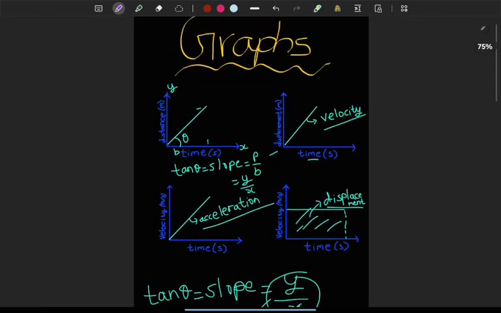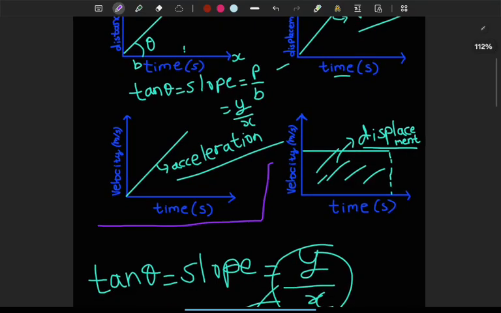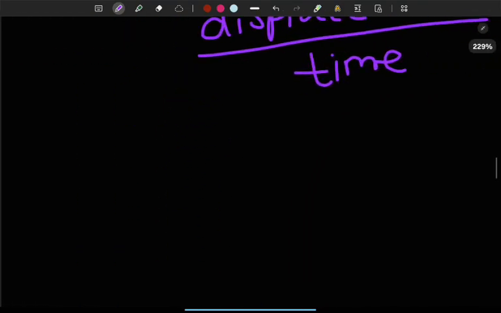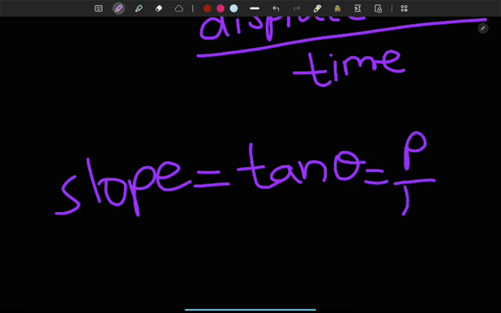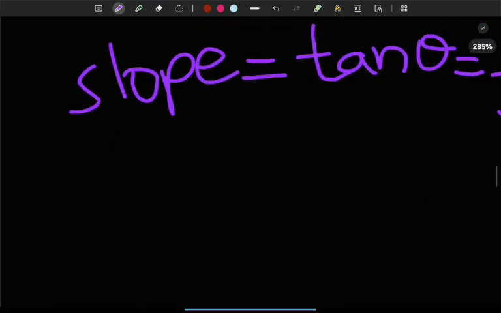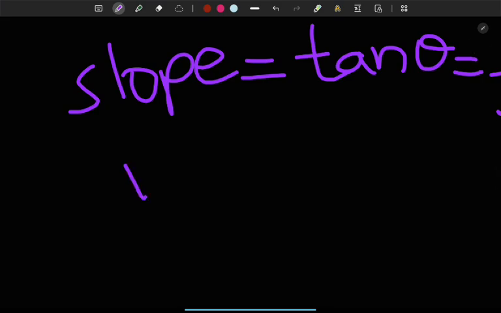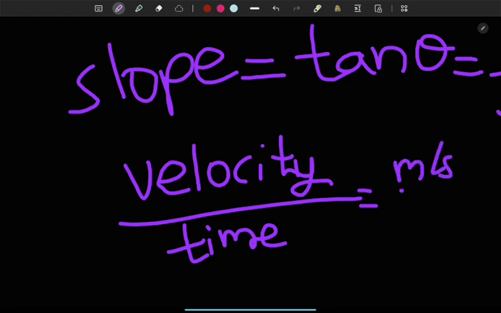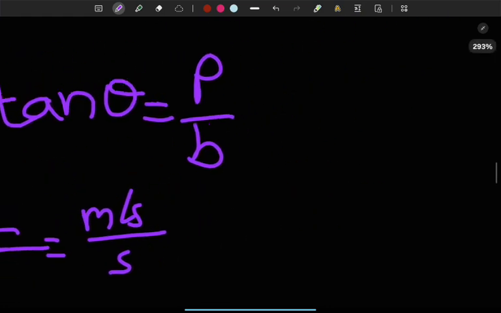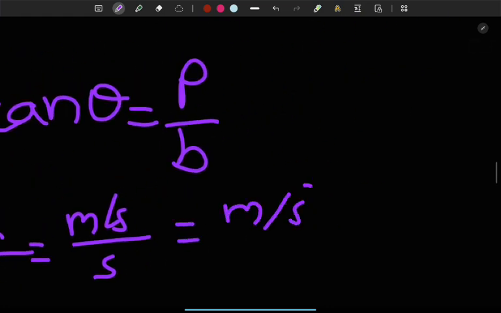Okay, now let's talk about this third case. Slope equals tan theta equals P by B. So here, in the y-axis it is velocity, upon time, equals meter per second by second, equals meter per second square.